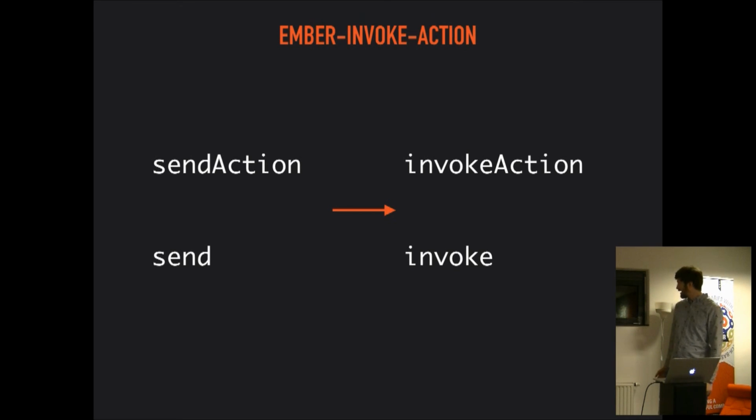If you pass in the closure action and you call invokeAction with the name of the closure action, then we'll call the closure action. If it was a classic action you passed in, then we'll call the classic action, just like sendAction did. And with invoke you can call other methods on the actions hash, but return values instead of not returning values.